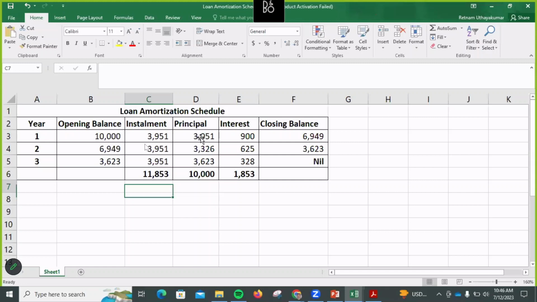Only from the principal amount it will be deducted. And the companies can record these things in the profit or loss account. This can be taken into the loan account. The balance may be shown in the balance sheet like this. So this is useful for accounting purposes. So this is one of the applications of the present value.